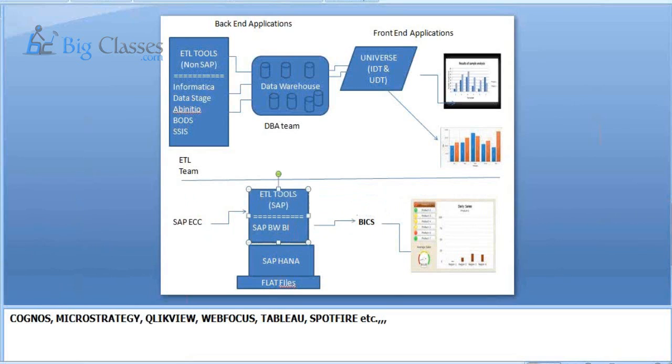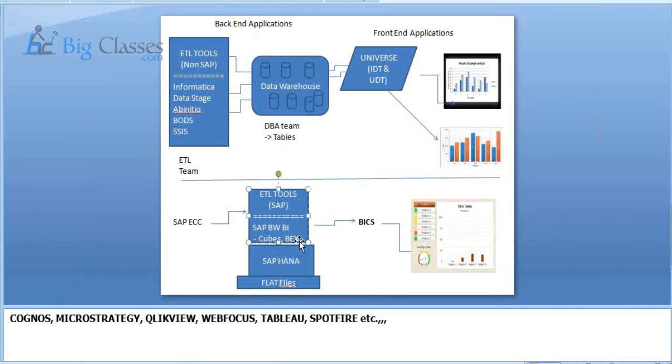So in this ETL tool, we have a concept called cubes and BEx queries. See, in these RDBMS databases, how are we storing the data? In the form of tables. A table is nothing but a collection of rows and columns.